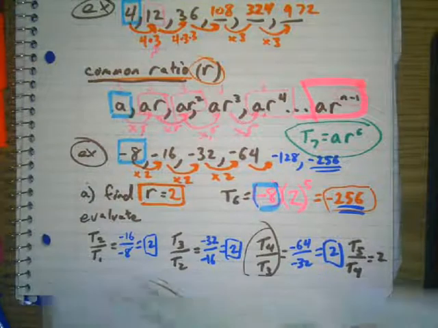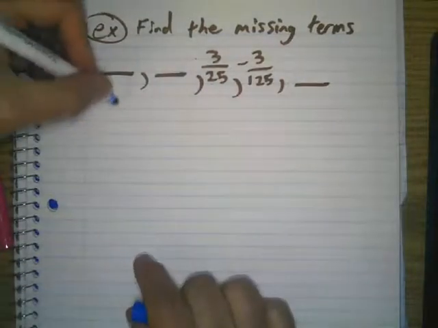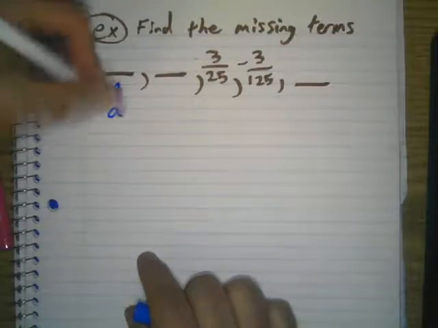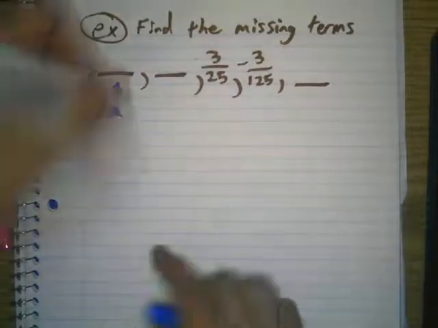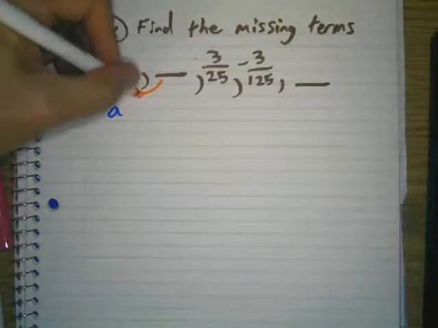Okay, let's think of some more examples here. And the missing term. Okay. Well, you know that this one's going to be A, right? Now to get to the next one, we multiply it times R, right?